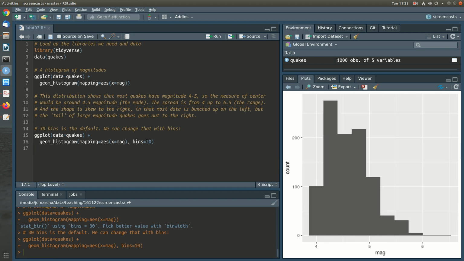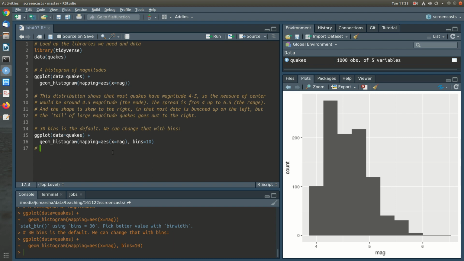Let's do that. And you can see that you generally get the same shape, right? You can still see the middle is again down between 4 and 5. It's right skew, the same as it was before, but it's a little bit chunkier, right? Because we've partitioned it into fewer bins, so each of the bins are larger.